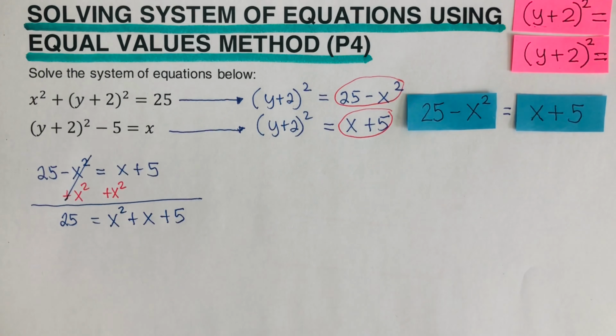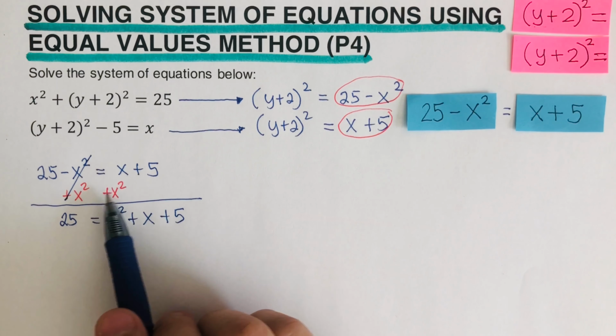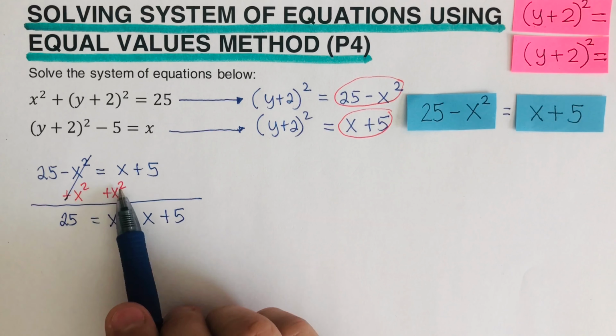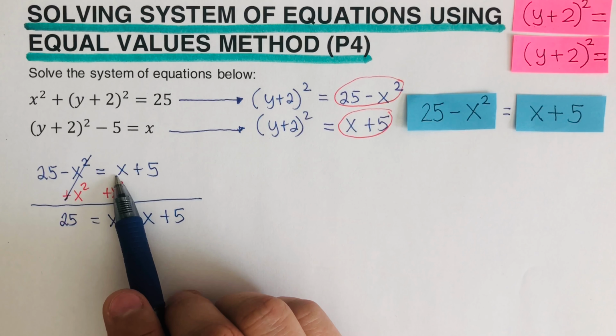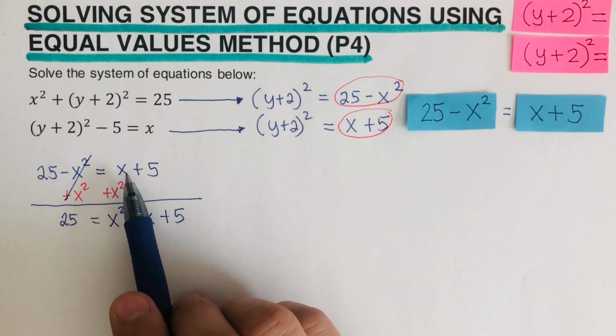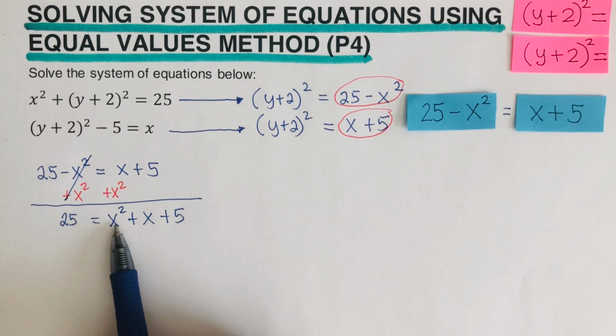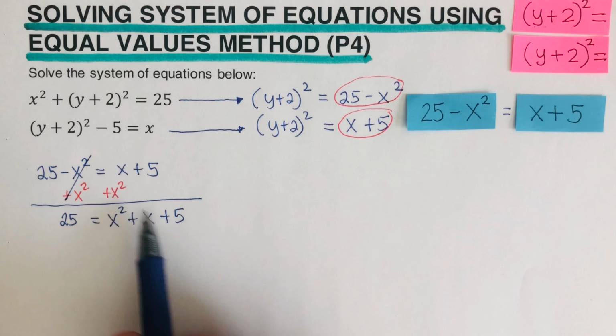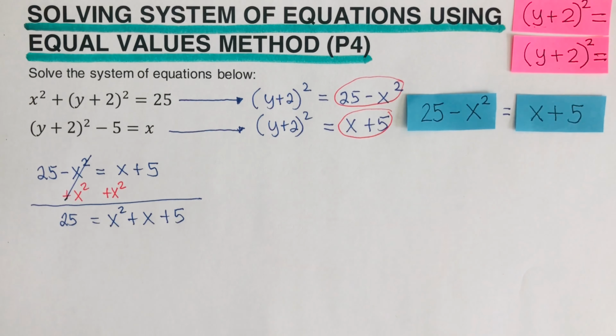Now, please remember, others are going to say, oh, that should be a 2x squared because there's an x and an x squared. Again, these are unlike terms, which means we cannot add them together. So there are separate terms here. We started with the highest exponent, x squared plus x plus 5. We want to use the zero product property. That means we want one side to be equal to 0.